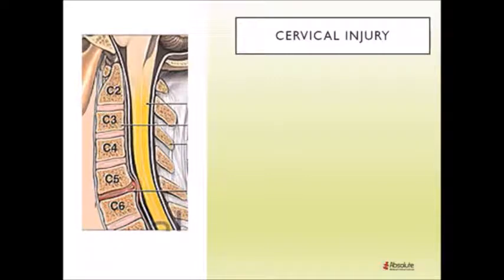In fact, if you look at the scan, let's pretend this is a scan, right here between C5 and C6, you'll see that the disc looks inflamed. In fact, it's bulging. Now, how do we know it's inflamed? Look at the other discs, C4, C3, C2. They're nice and kind of pale pink, but between C5 and C6, it's a little inflamed.